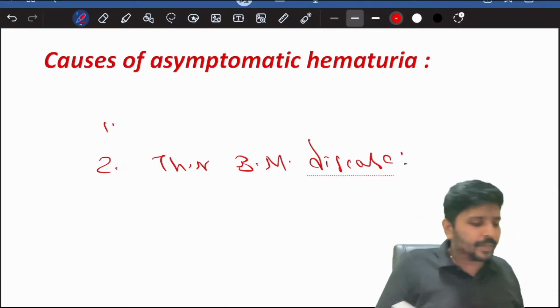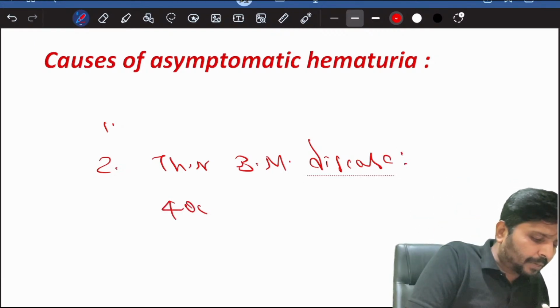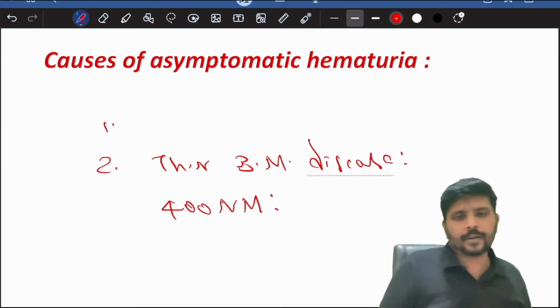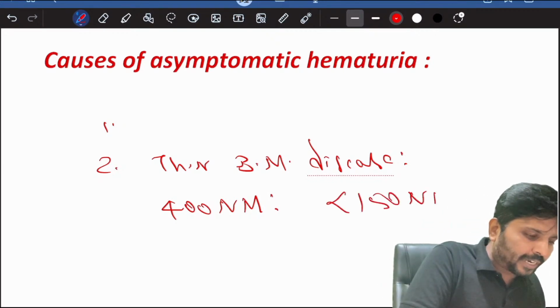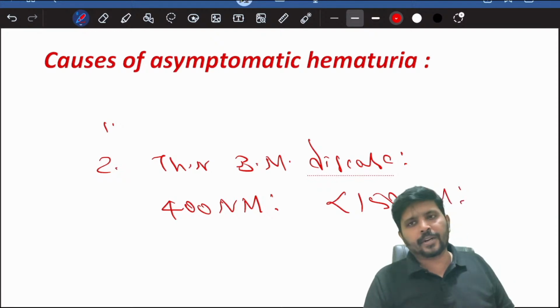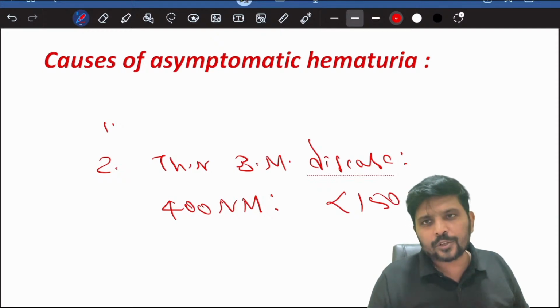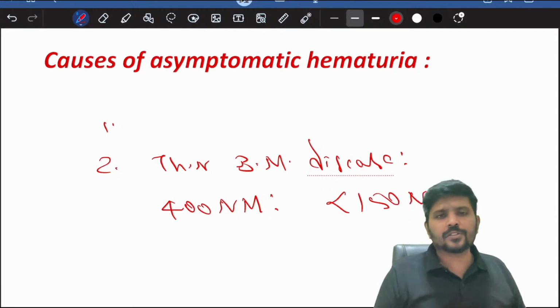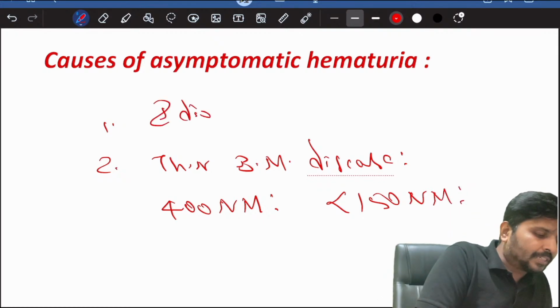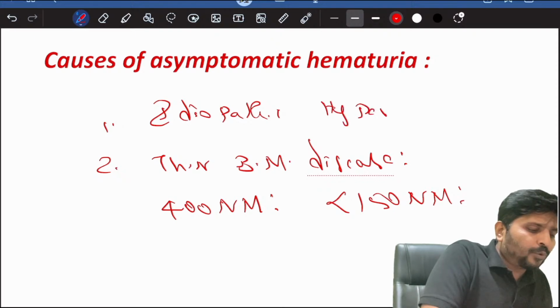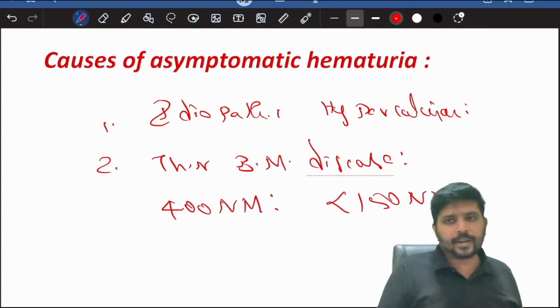What do you mean by thin basement membrane disease? Normal basement membrane is 400 nanometer, but in thin basement membrane disease, it is less than 150 nanometer. Usually, there is no need to give any treatment for this condition. Second one is idiopathic hypercalciuria. When will you say idiopathic hypercalciuria?